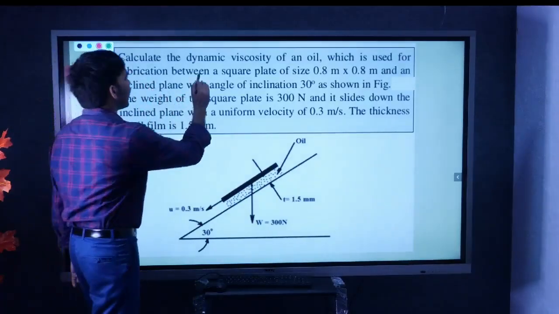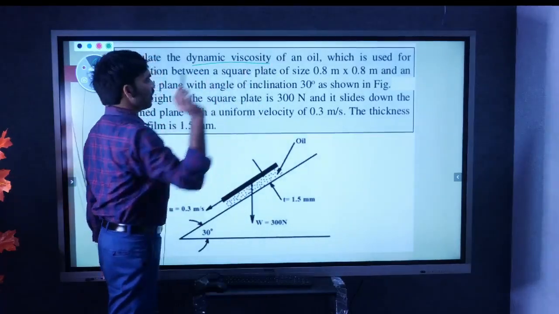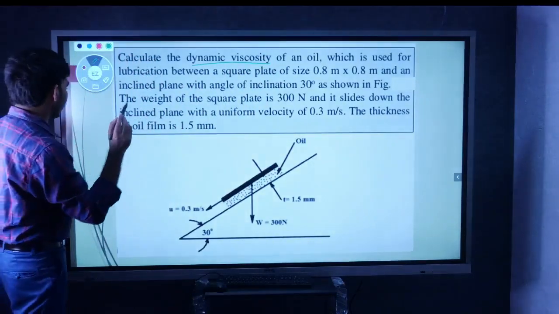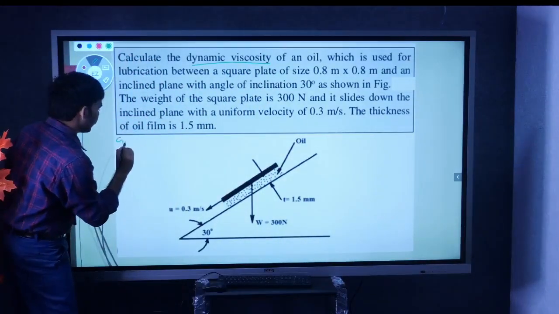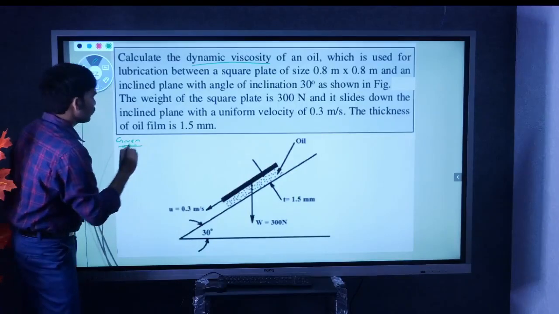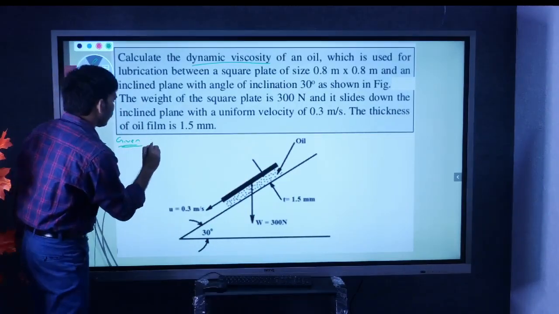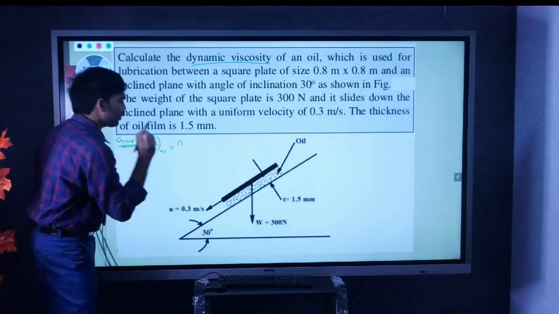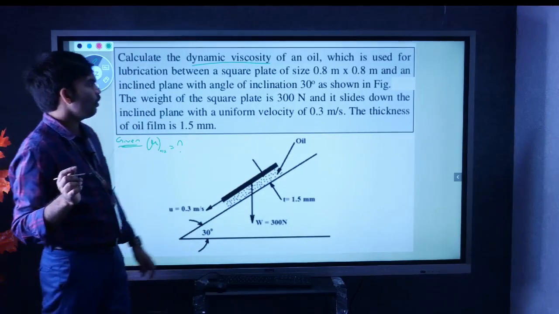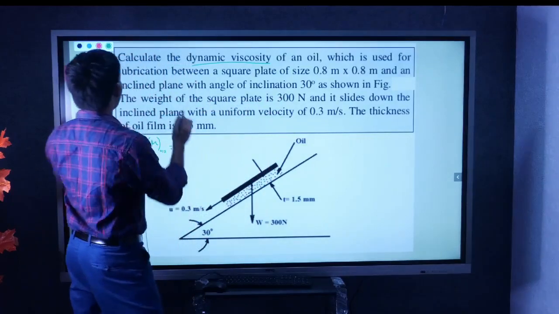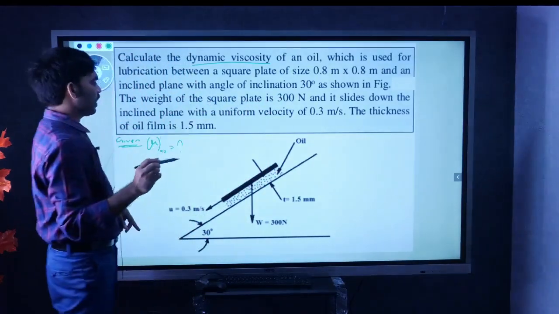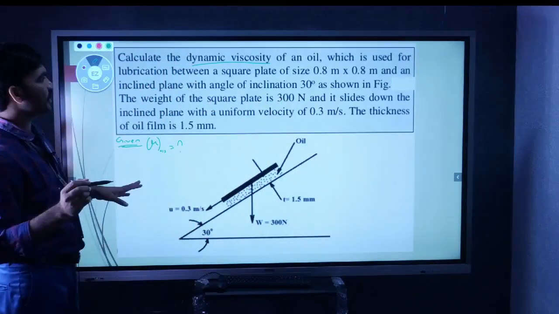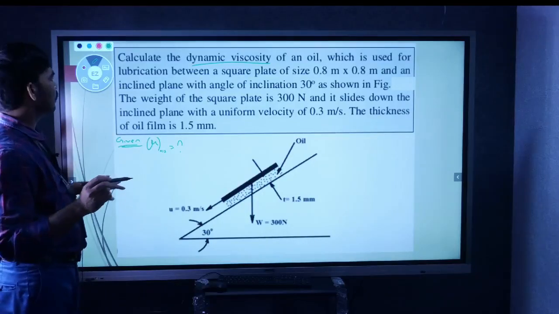Calculate the dynamic viscosity of an oil. So first, identify the given data. He asks you to find the dynamic viscosity of an oil, which is used for lubrication between a square plate of size 0.8 by 0.8 meters.